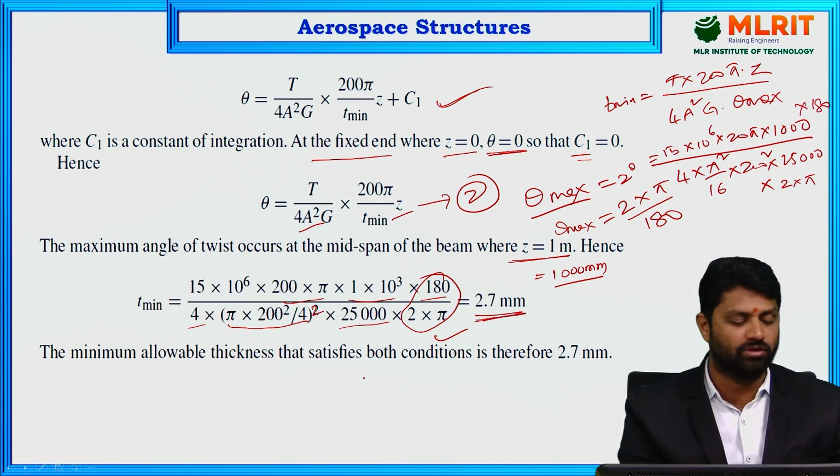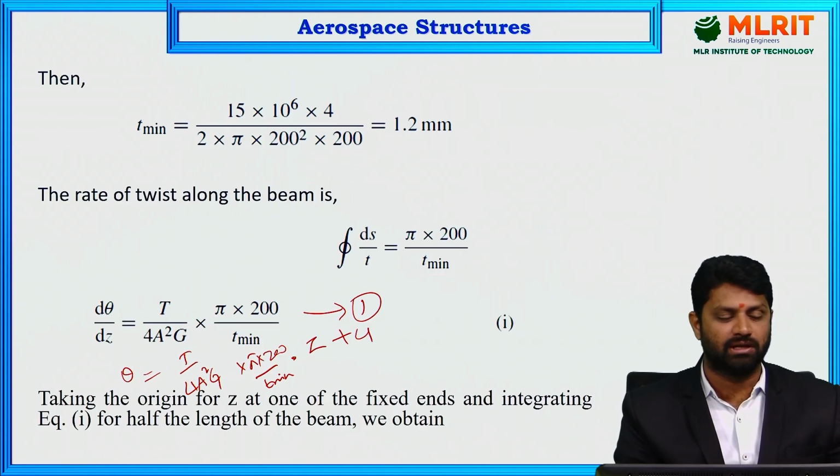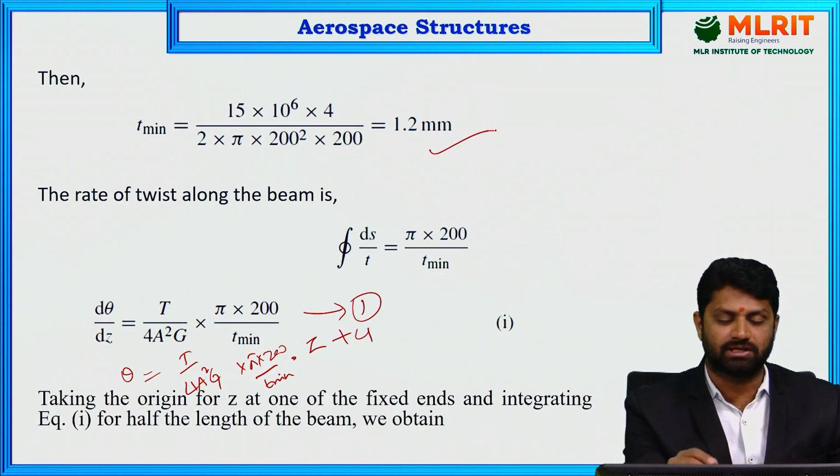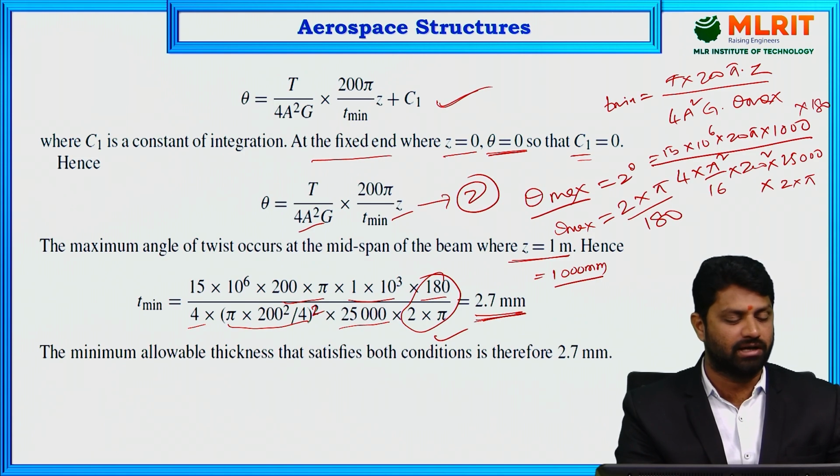So here we got two minimum thickness values. One is from the maximum shear stress condition, where the minimum thickness should be 1.2 mm, whereas from the maximum angle of twist condition, the minimum thickness should be 2.7 mm. We need to consider the allowable thickness that satisfies both conditions.